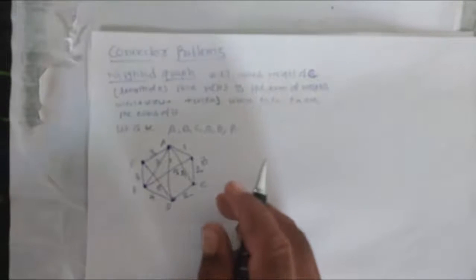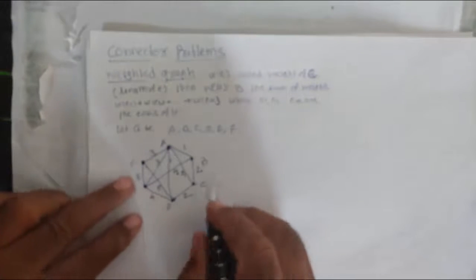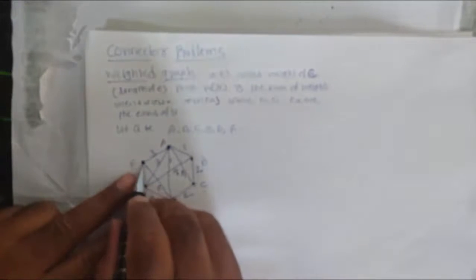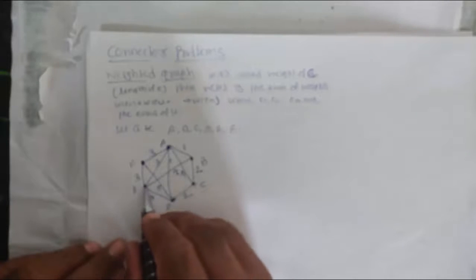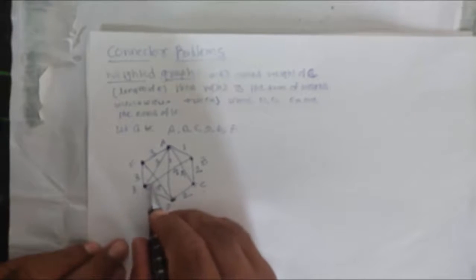That means a pipeline is not possible from village C to F. And these are weights 1, 2, 4, 5. That means this is the construction cost of a pipeline from one village to another village.